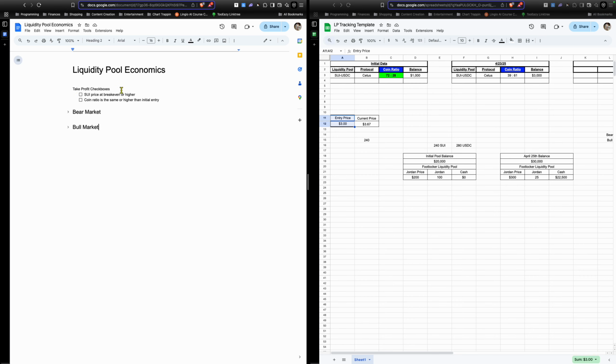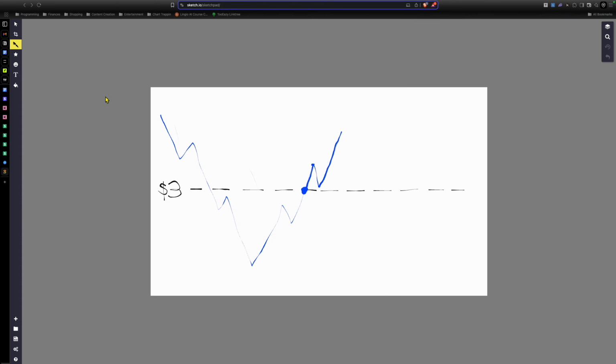So SWE price at break even or higher than my entry. Cool, checkbox there. I need this second one to get hit. When will I get the second one at the same time while it's above my price? Here goes trading info.